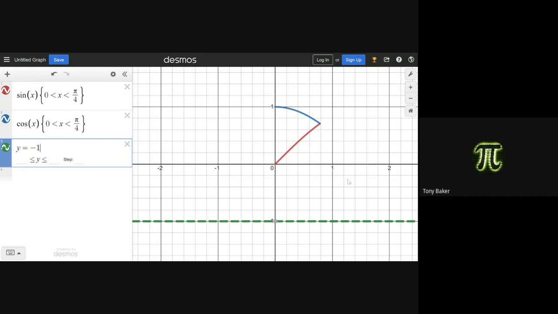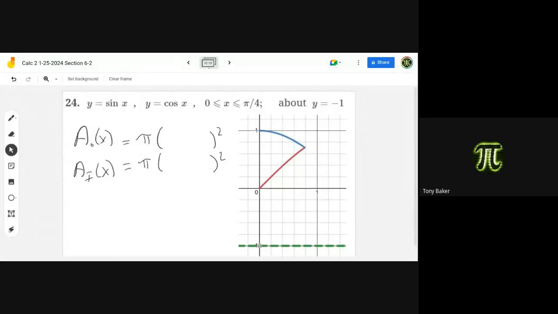So if we're looking at this, bring this over here so I can draw on it. Okay. So my inner is going to be from here to there. That's my radius. My outer is from here to here.